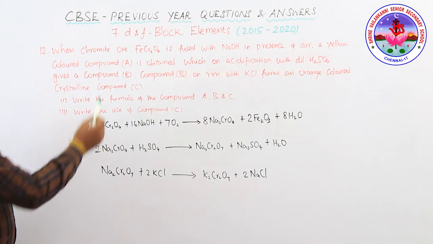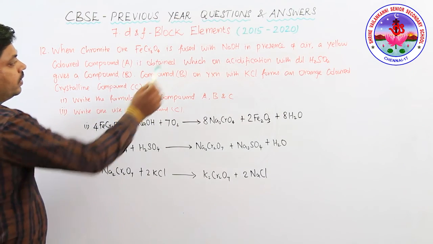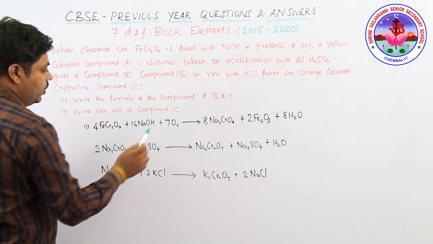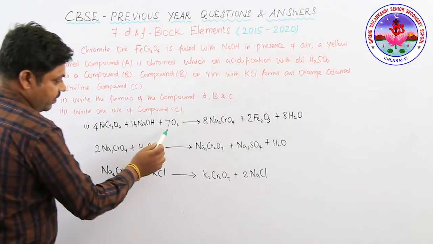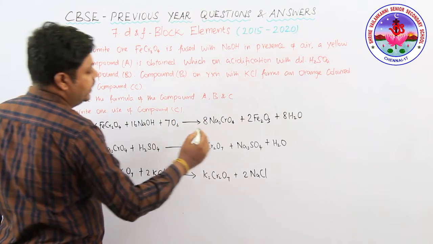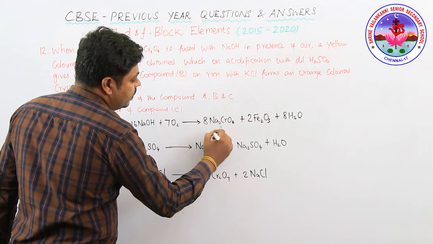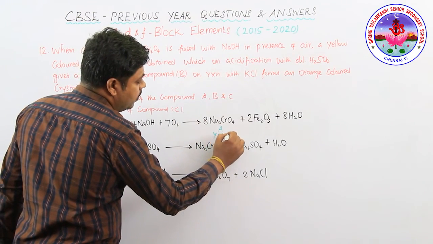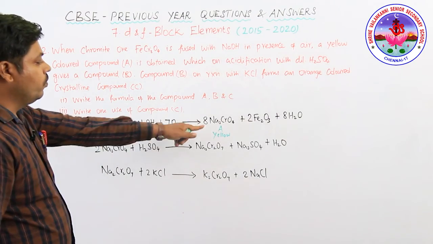Here, chromite ore fused with sodium hydroxide in the presence of air gives the yellow colored compound A. This is sodium chromate.